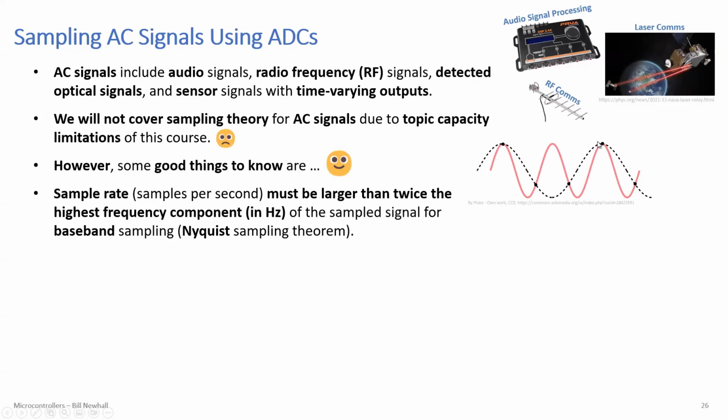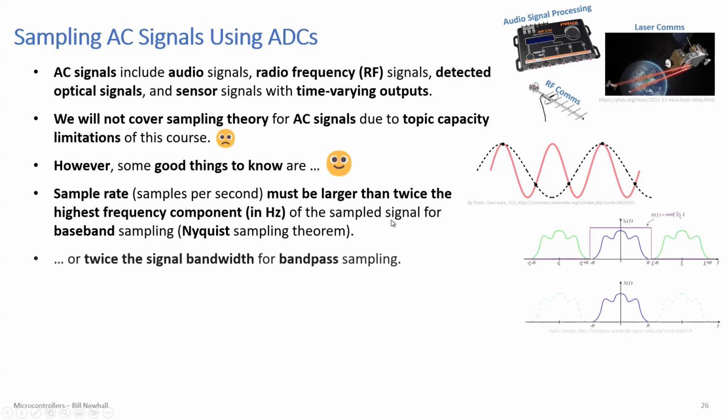In other words, if I have these dots, I can't tell if it's the pink signal or the dotted black signal. That's called aliasing. But if you sample fast enough for a given limited highest frequency, you can uniquely identify the frequency of the signal and the signal itself.